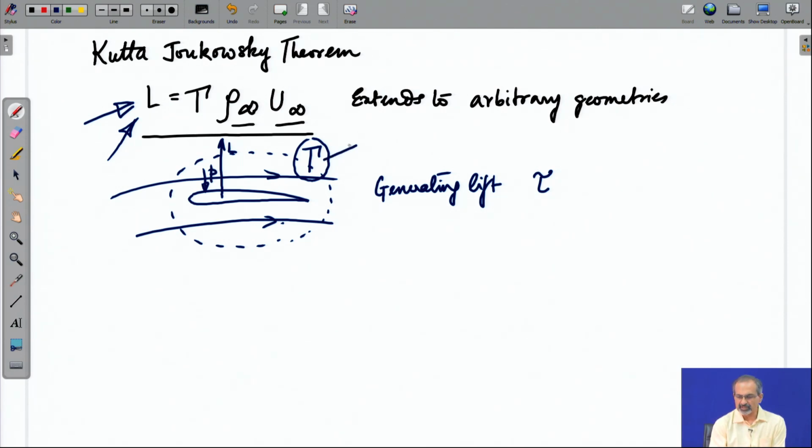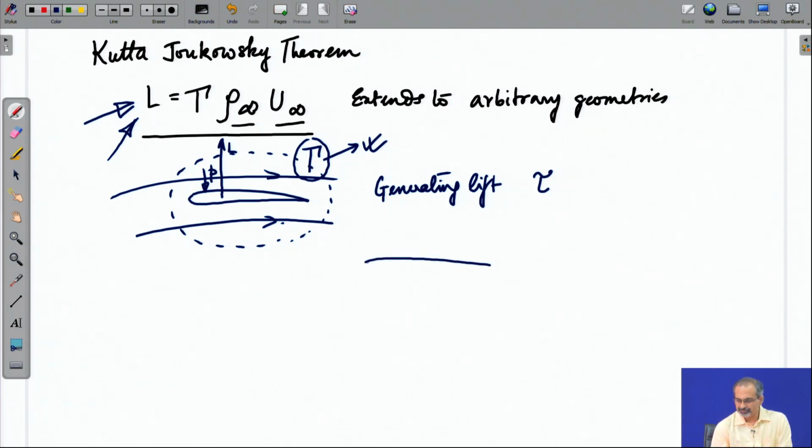The convenience with circulation is that we do not need to look at the pressure distribution about the entire airfoil, but we just have a single number which can tell us how much lift the body is generating. So, lift generation from the perspective of a net value of gamma is a very convenient concept.